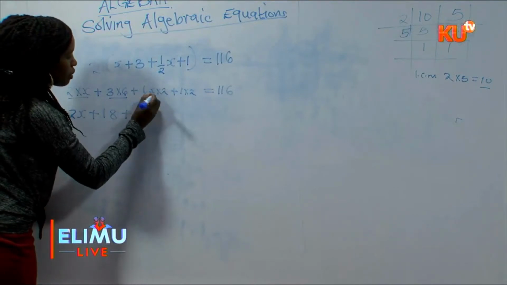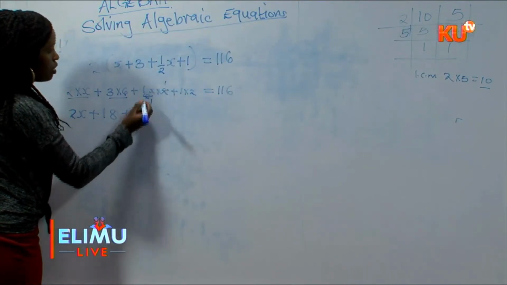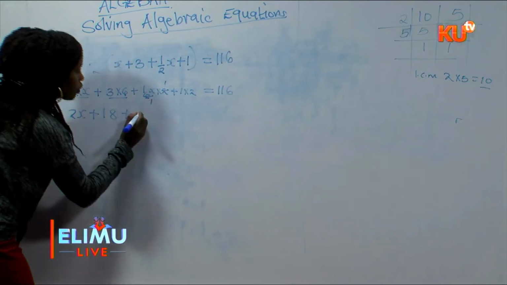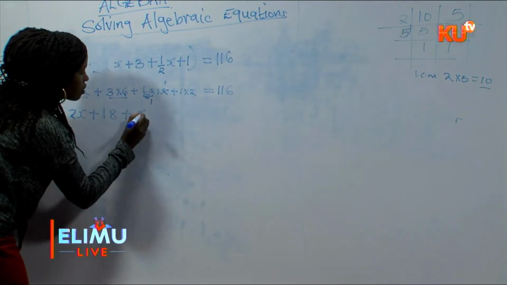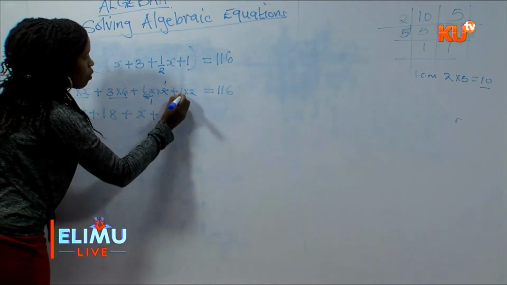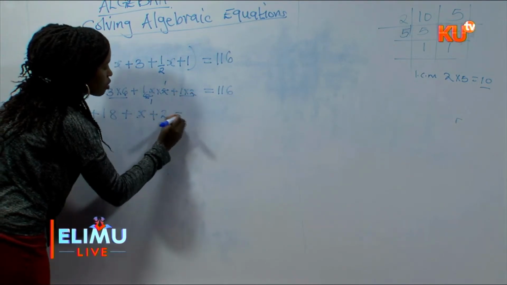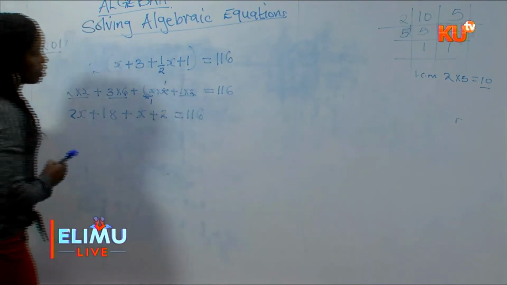Here we can simplify by 2, 1 by 2, 1. So 1 times 1 is 1, so we get x plus 1 times 2 is equal to 116.